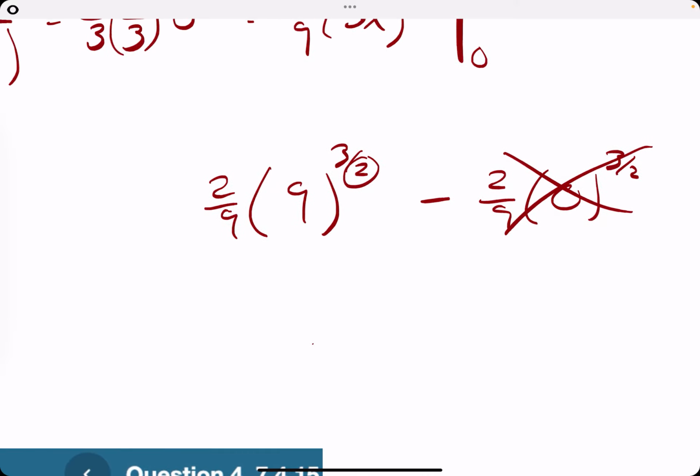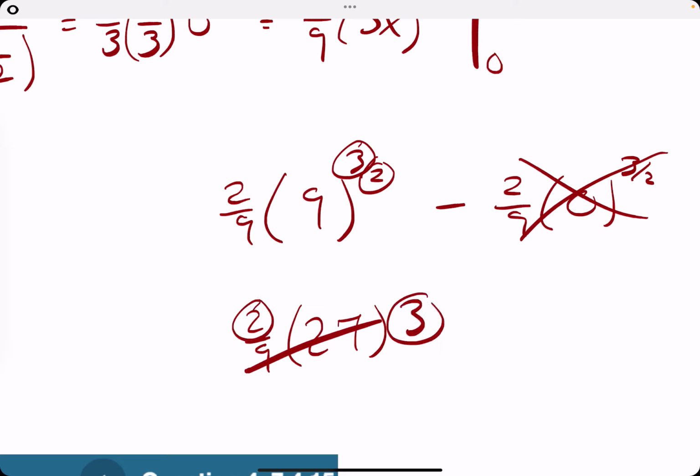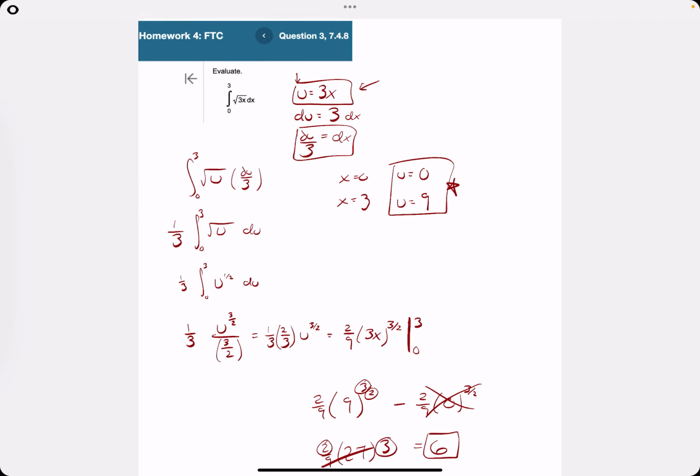So square root of 9 is 3. And then we would cube that 3. So we get 27. And then we have times 2/9. 27 divided by 9 is 3. 2 times 3 is 6. 6 is our answer. Here's a look at number 3.